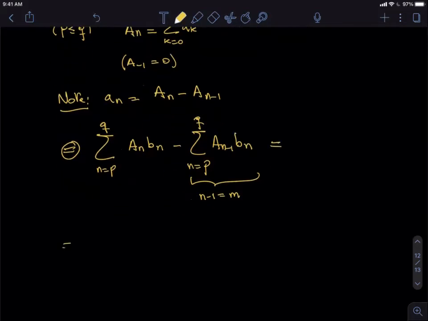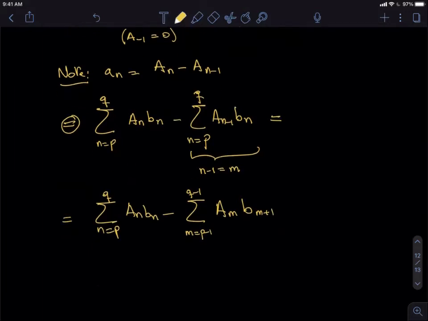Okay, so then this is the sum from n equal p to q, A_n b_n minus the sum of A_m b_{m+1}. And then when n equals p, m is p minus 1. And then when n equals q, m is q minus 1. So this is it.